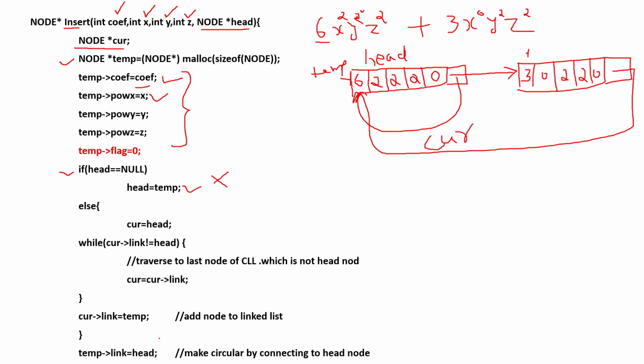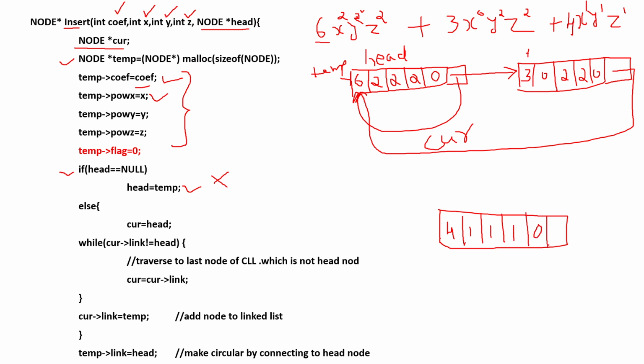This is the thing. I will explain this again with one more example, one more term. The new term to be inserted is 4x power 1, y power 1 and z power 1. The first step is to create one node, assigning the values 4, 1, 1, 1 and flag is 0.